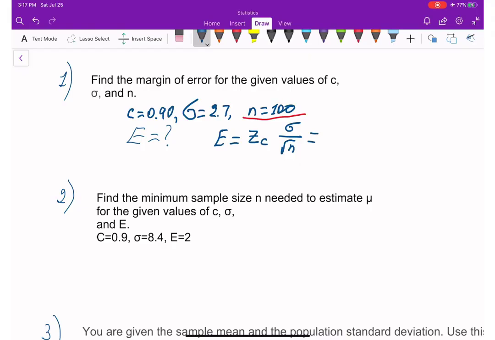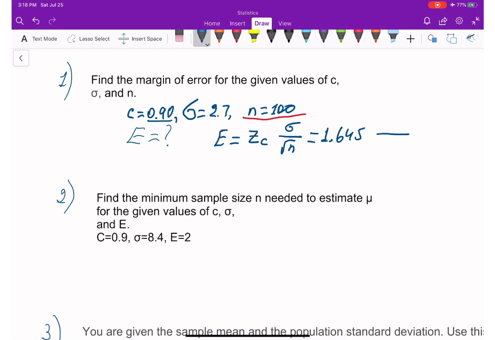How much is the z score? If you look in the table, 90% is 0.9. You are going to look in the positive z score, right? And it should be, for 90%, 1.645.